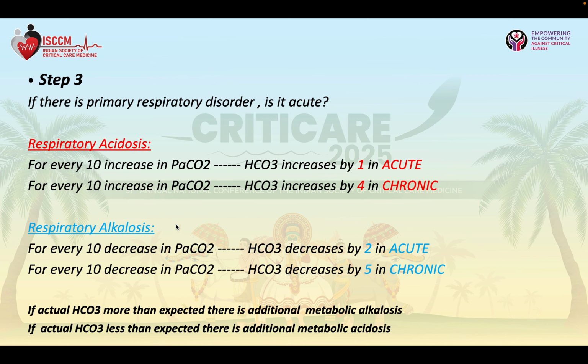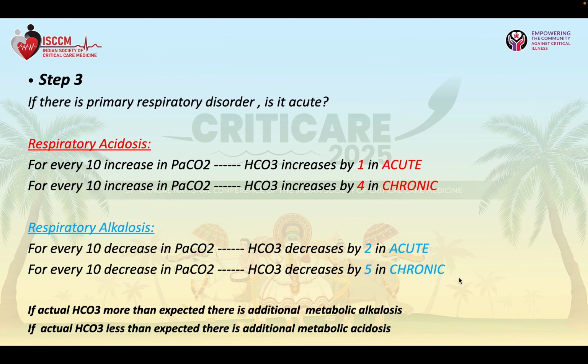On the contrary, if it is respiratory alkalosis, when the PCO2 decreases by 10, the bicarb will also decrease, and here also we will have either acute or chronic. For every decrease of PCO2 by 10, the bicarb will decrease by 2 in acute, and by 5 in chronic.